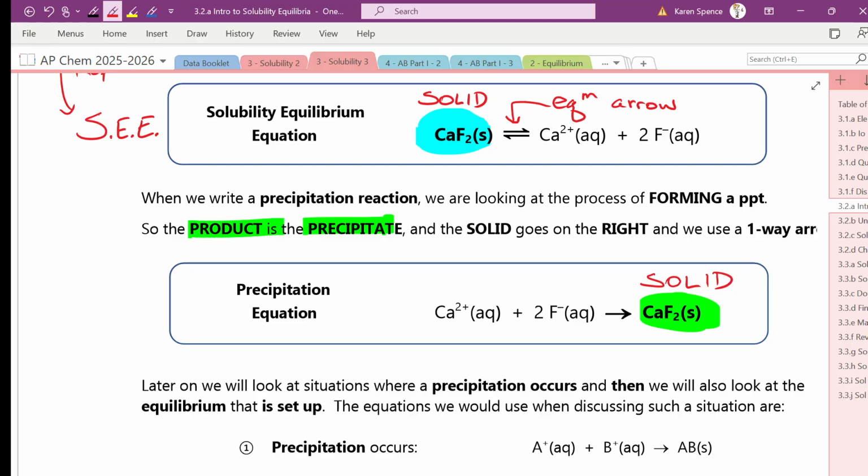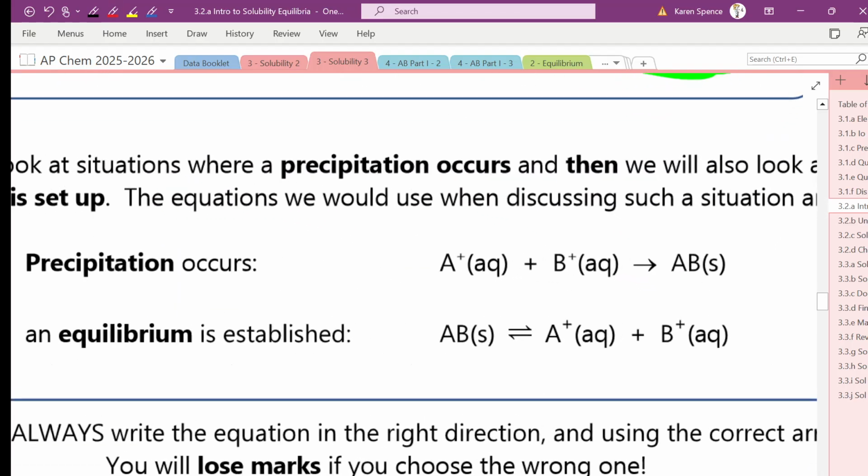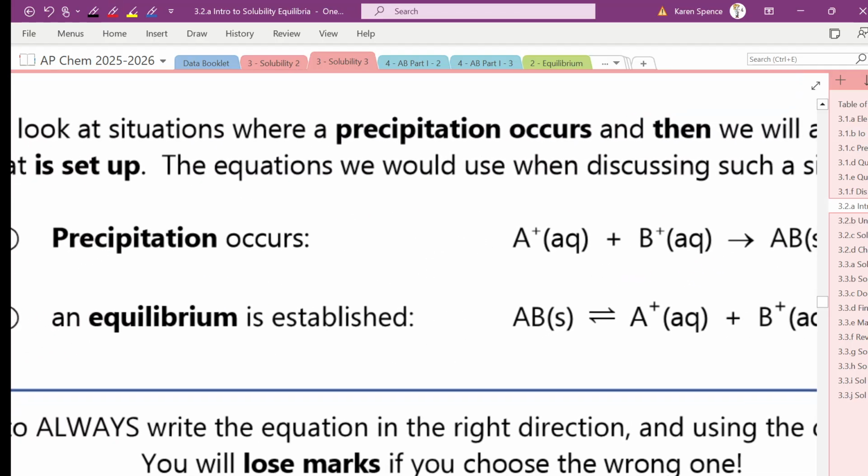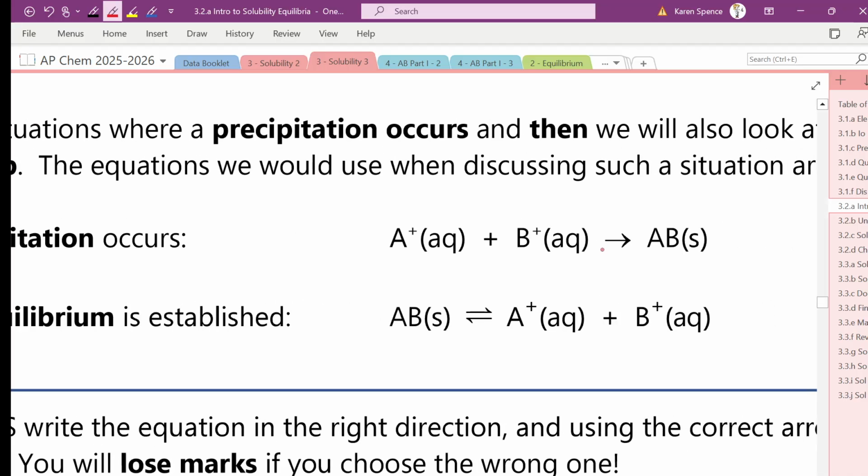And if we do, we actually do that as a second step. I might have a precipitation occurring, where we've got our one-way arrow here and our solid on the right. And then afterwards, we ask, now what happens with this Ksp and the solubility? But it would always happen sort of as a second step.